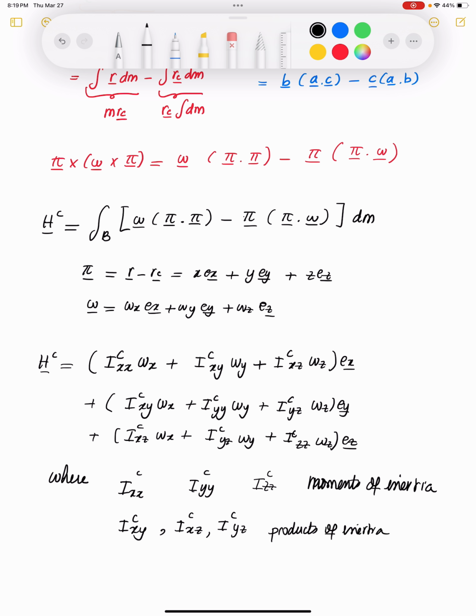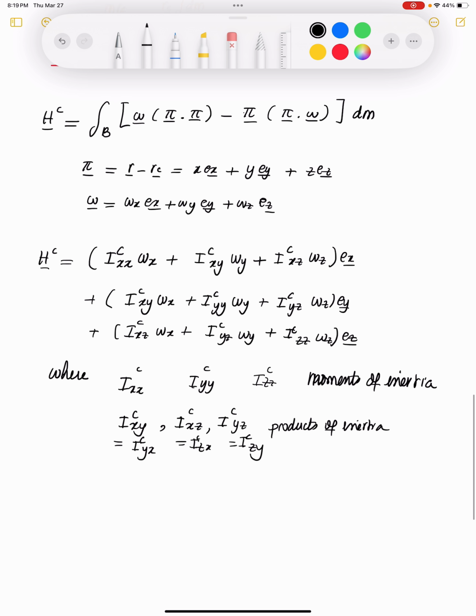And these are symmetric, so Icxy is equal to Icyx, Icxz is equal to Iczx, and Icyz is equal to Iczy. And their expressions are as follows. Icxx is equal to the integral over the body of y squared plus z squared dm.